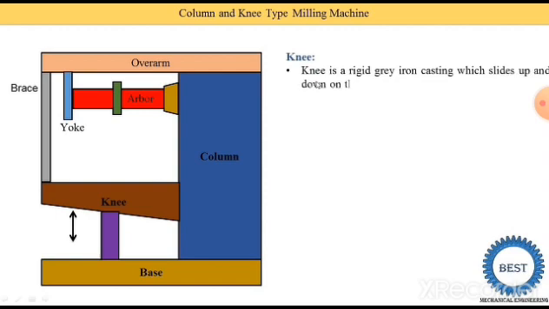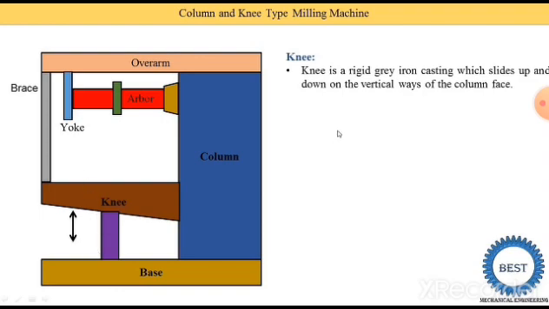The knee is a rigid gray iron casting which slides up and down on the vertical way of the column face. Earlier, when we studied the column, I told you that dovetail guideways are provided. On these dovetail guideways the knee is mounted. These dovetail guideways are vertical, so our knee is able to move up and down.